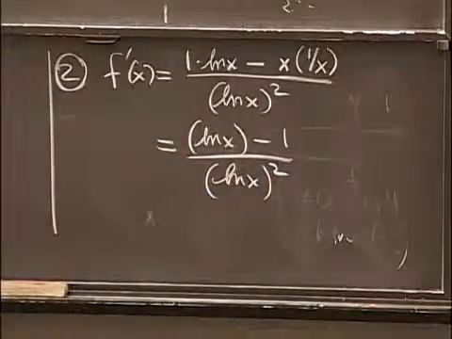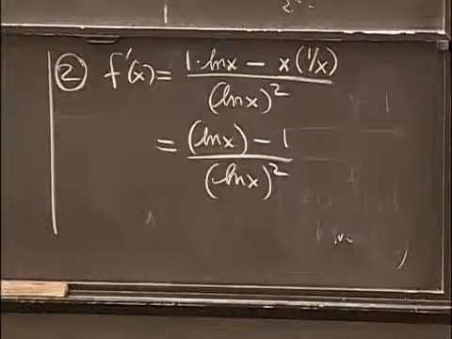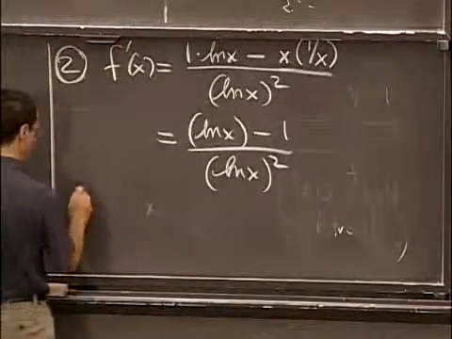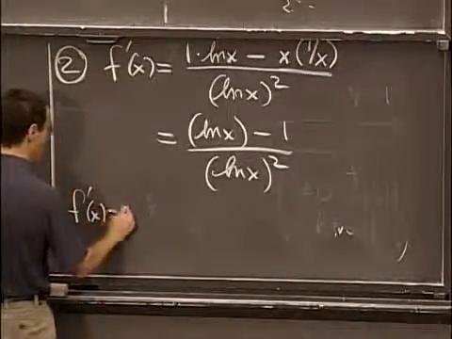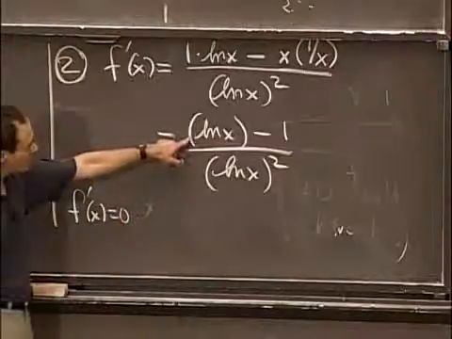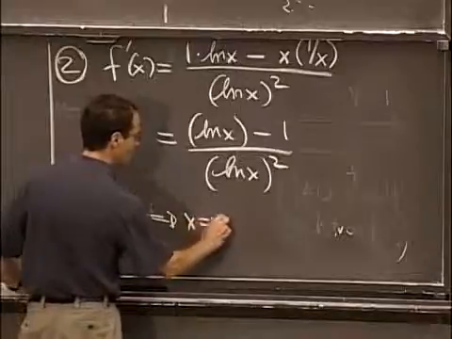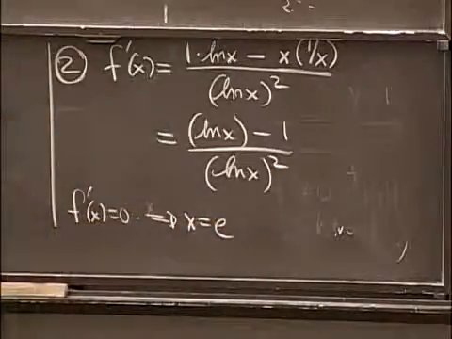All right, so here's our derivative. And now, if I set this equal to 0, at least the numerator is 0 when x is equal to e. The log of e is 1.